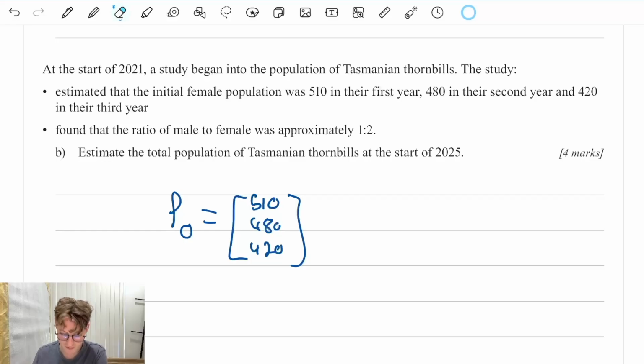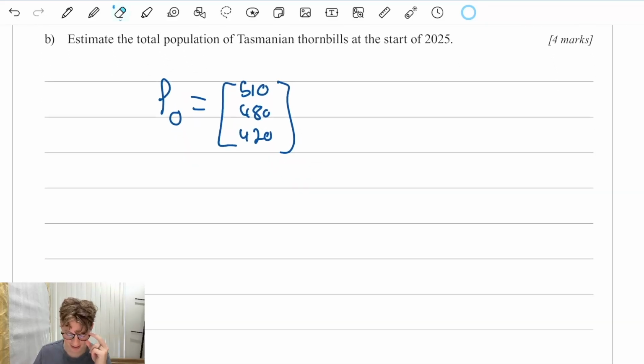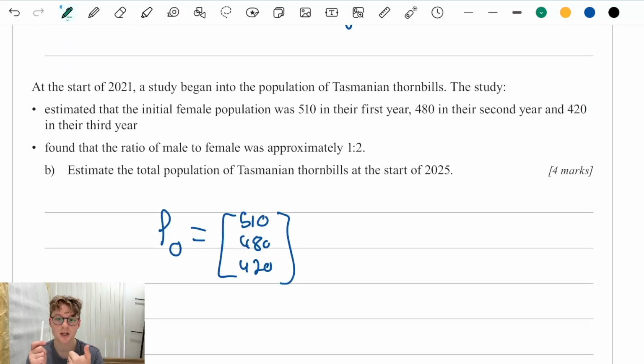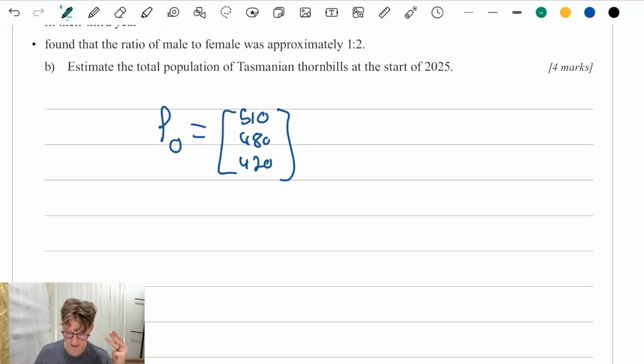So going from 2021 to 2025: Leslie matrix to the power of 1 gets me to the start of 2022, power of 2 gets me to the start of 2023, power of 3 gets me to the start of 2024, power of 4 gets me to the start of 2025, okay?